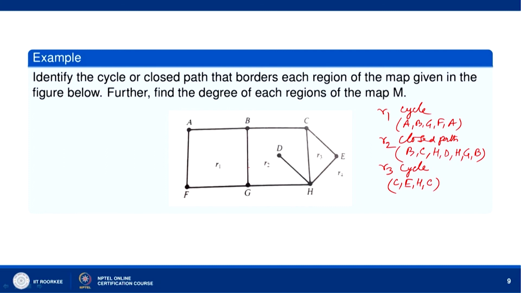We have taken R1, R2, R3, now this is R4. So, we have AB, it is again a cycle, and we have ABCEHGFA.